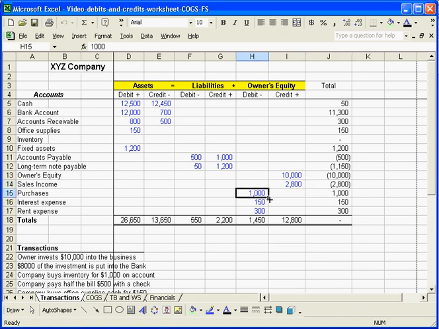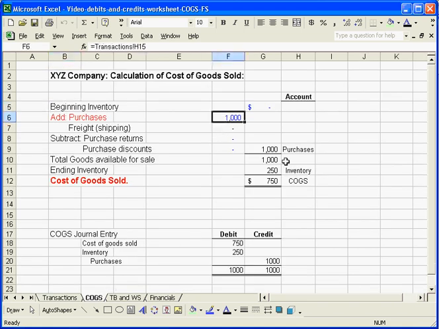Excuse me, remember the $1,000? So we purchased $1,000 of inventory, merchandise. We're going to assume for now, since you already went through some of the exercises with freight, purchase returns and discounts, that we don't have any here. Let's assume that all of that is included in the $1,000, and that's the only purchases we had. If we paid shipping, maybe you want to put that separate.